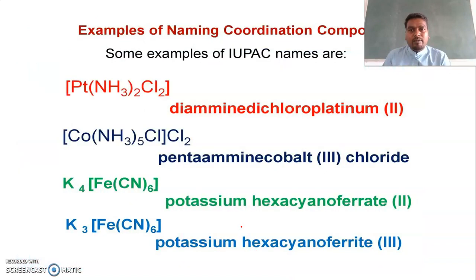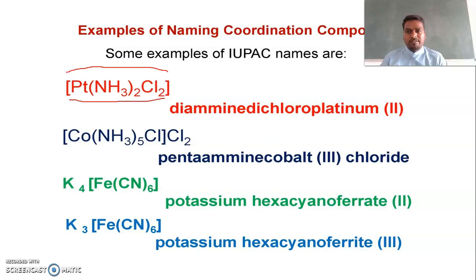Now let us see some examples. Dear students, while solving, please recollect all the rules which we have discussed just a few minutes back. Take the first complex. This is a neutral complex. There are no counter ions. In this there are two ligands, ammine and chlorine. Ammine comes first and chlorine comes next.